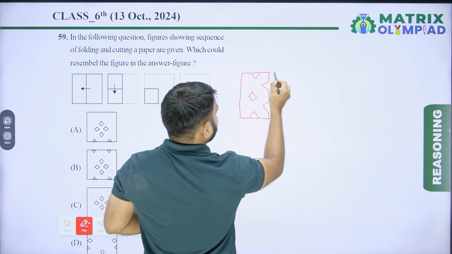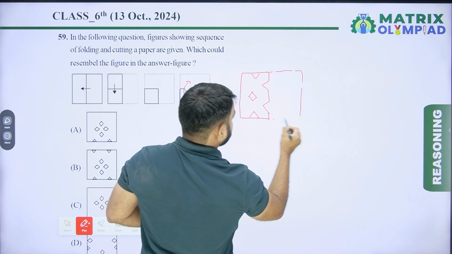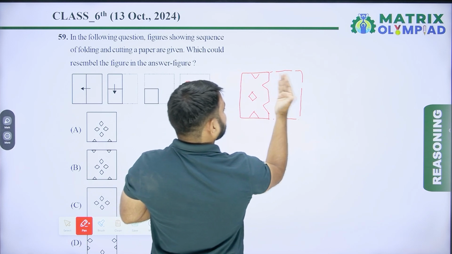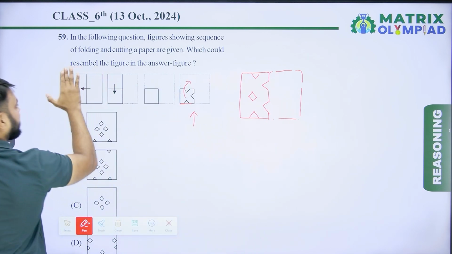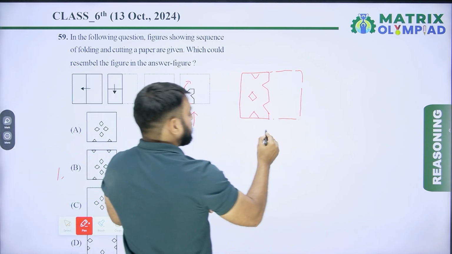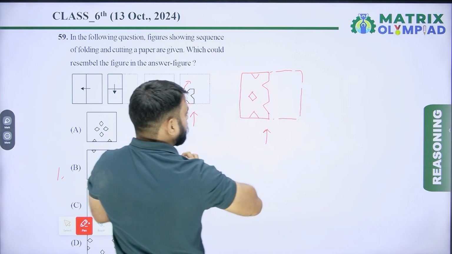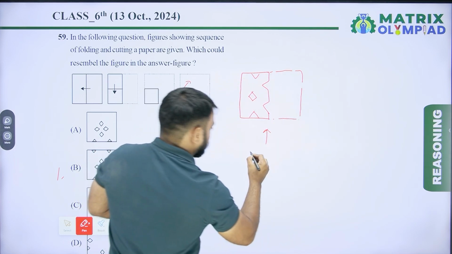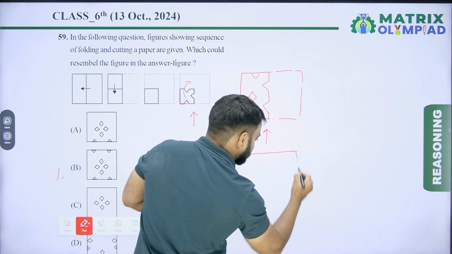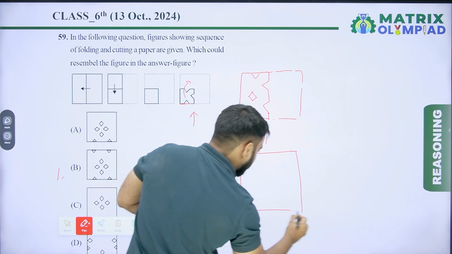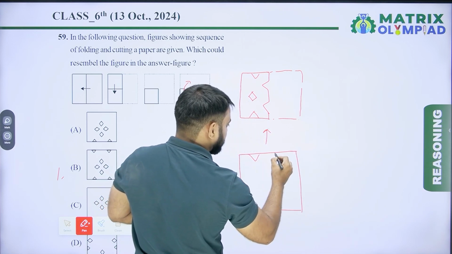Then we get a figure like this. Now unfold this figure in this direction because this figure has been folded in this direction. So this figure will be unfolded in this direction. So now unfold this figure in this direction. So when we unfold this figure in this direction, then we get a figure like this.